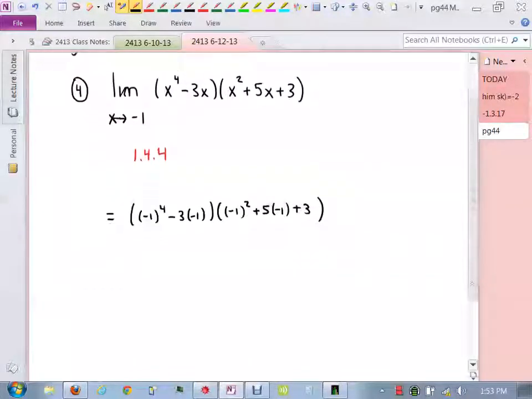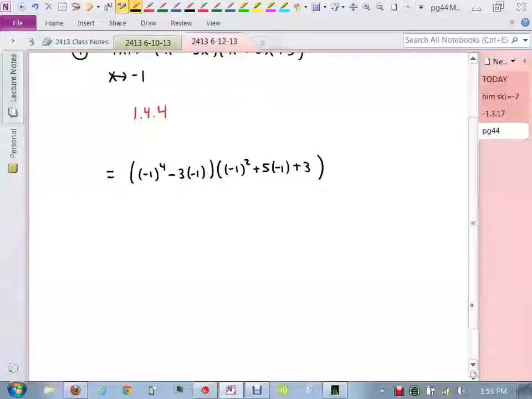And all we have to do now is evaluate this. So what's -1 to the 4th power? +1.